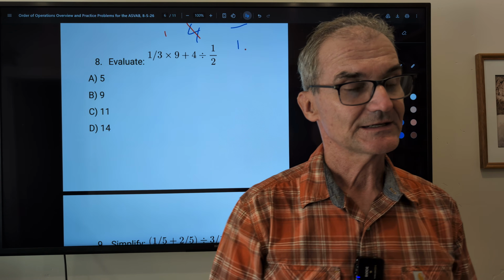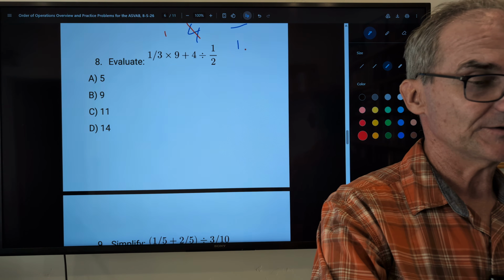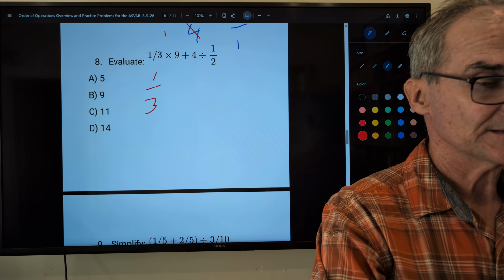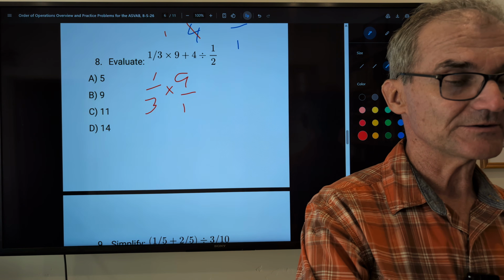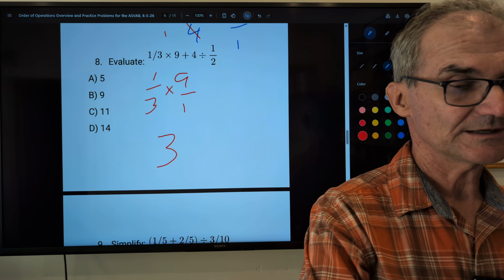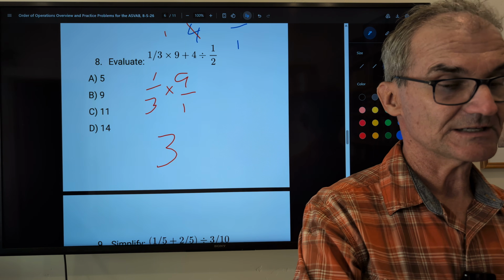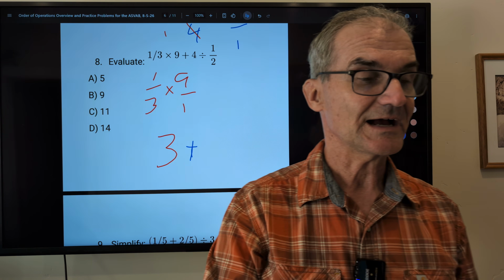Number 8, written a little differently, but I have 1/3 times 9. Well, that's 1/3 times 9/1. In red right there, that's the multiplication. 9/3 is 3. Then the next thing I have is this plus 4 divided by 1/2.